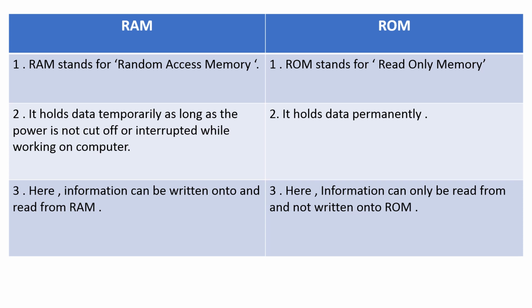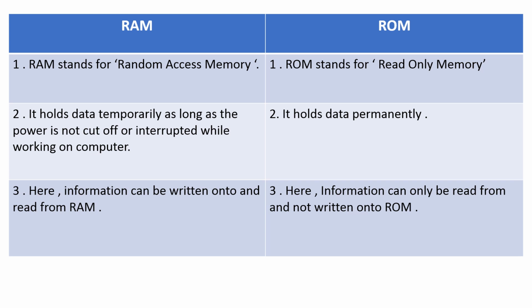You will be able to make the changes again after your power supply is switched on. It means even if your power supply is cut off, even if you switch off your computer, the information which you have stored earlier will be stored permanently, and you will be able to retain it even after you switch on your computer.